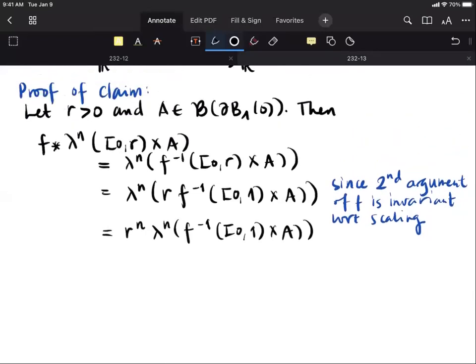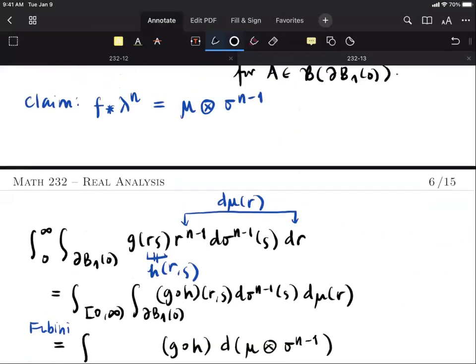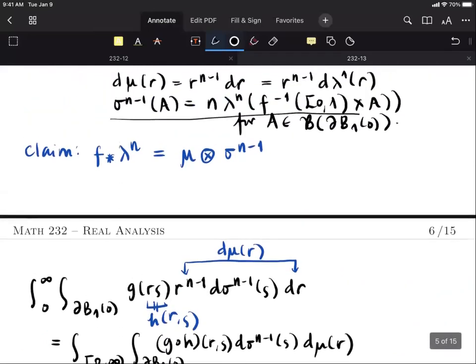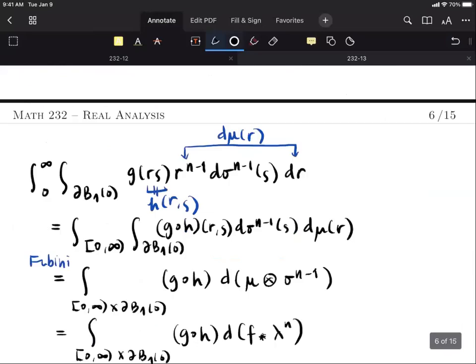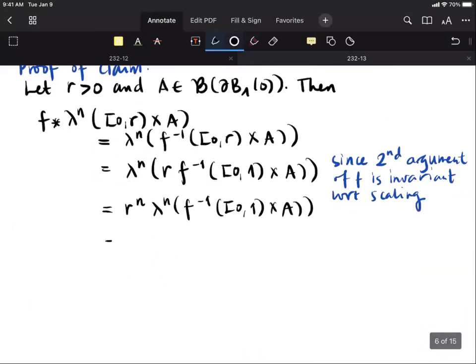Okay, so going back to the definition of this, this is almost sigma n minus 1, except that we need to multiply by n. So therefore, to compensate the missing factor, we need to divide by n.